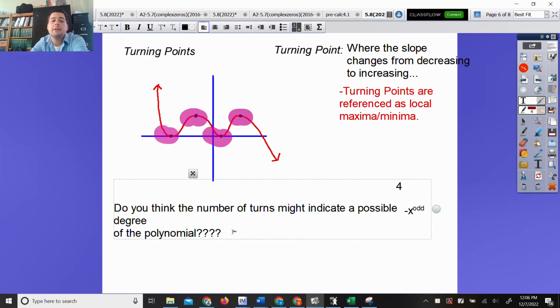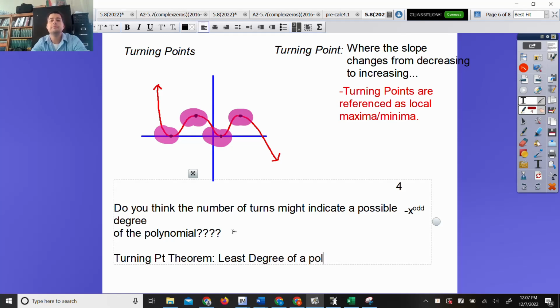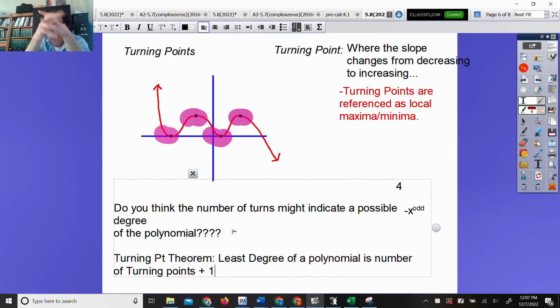Turning point theorem simply says that the degree, or the least degree, of a polynomial is the number of turning points plus 1. That's all it says.